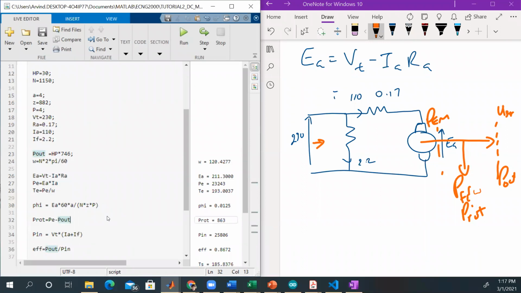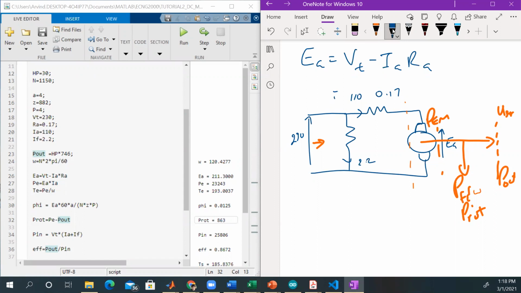Good. So how do we get the electromagnetic power? We have actually calculated it up here somewhere, EAIA, so we could use that. We could go ahead and get your input power and then subtract the losses to get the electromagnetic power, but we already have it, so we wouldn't bother to go down that road.